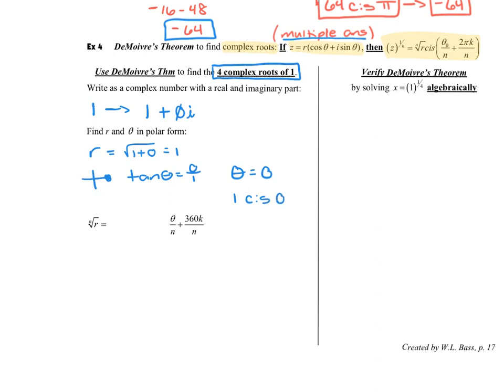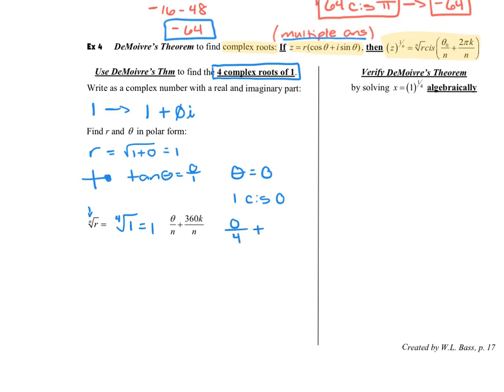Now, when I plug that into my formula, it says that I'm going to do the nth root of the r value. So I'm doing the 4th root of 1. It won't always be 1 or be this simple, but that of course is just 1. That one's not too bad. And then I'm going to take my theta value of 0. I'm going to divide it by 4 because that's the number of roots I want.